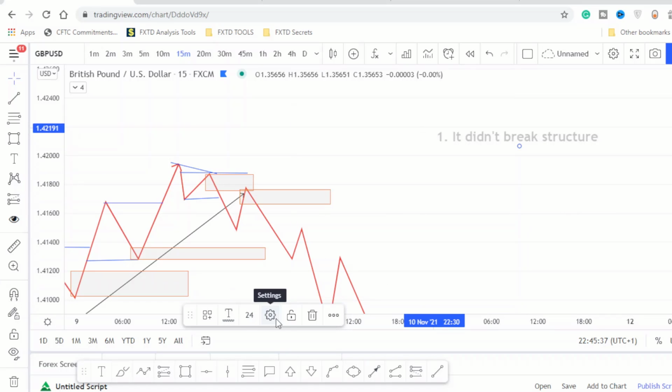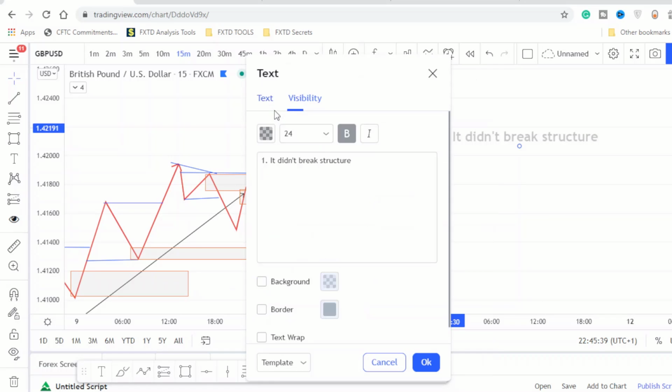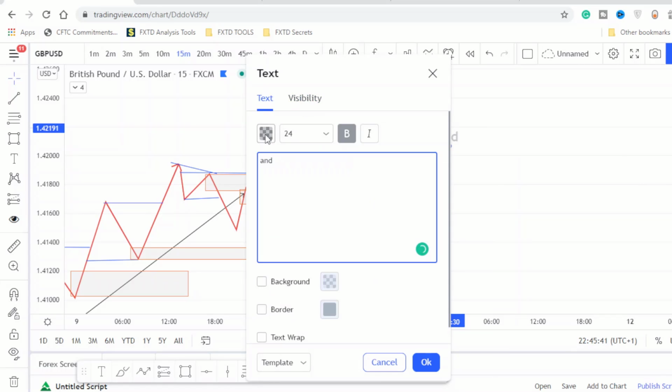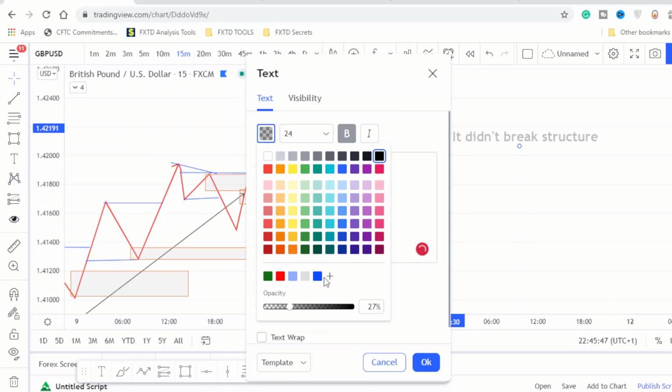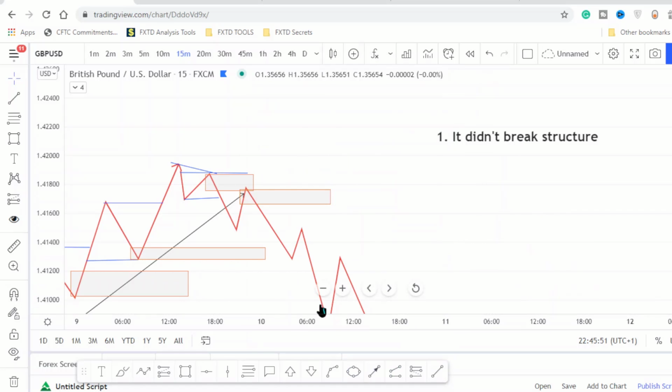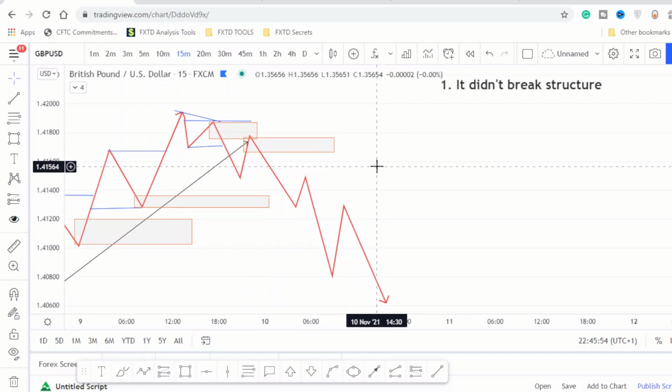Whenever you see an order block that doesn't break structure, you just have to understand what that simply means. One of the things this will do for you is you will be able to understand, okay, this did not break structure, so I shouldn't use it.